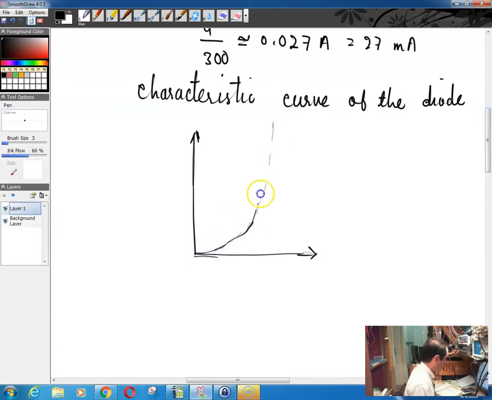So the characteristic curve of a diode looks something like this. So this is your voltage and this is your current. And of course it looks actually more like this probably.